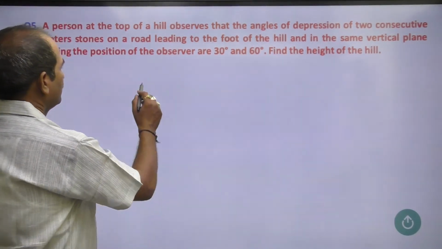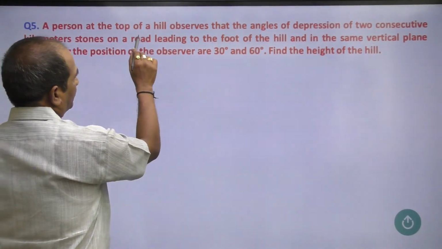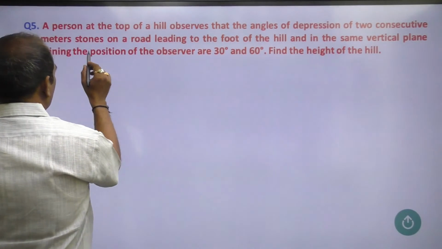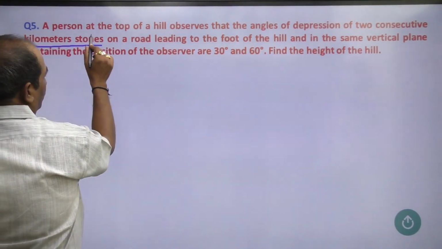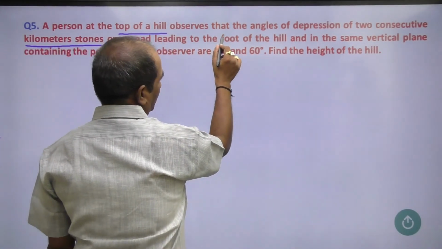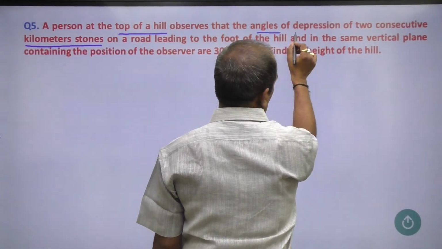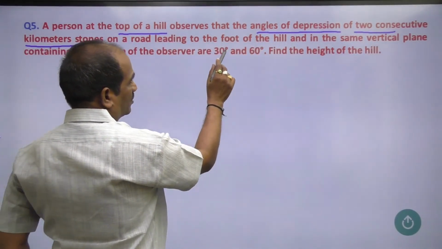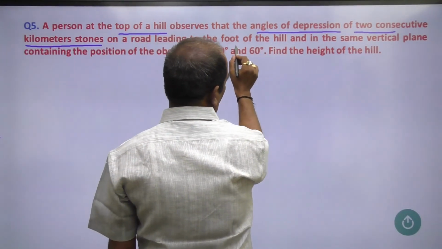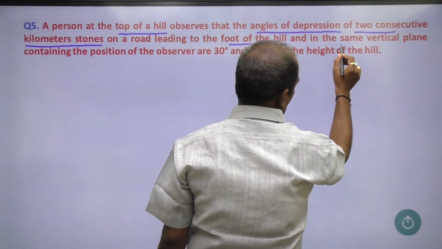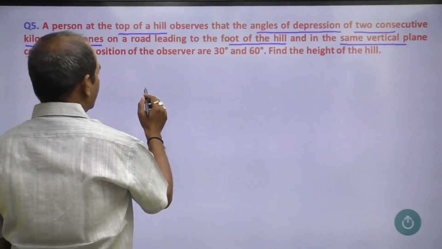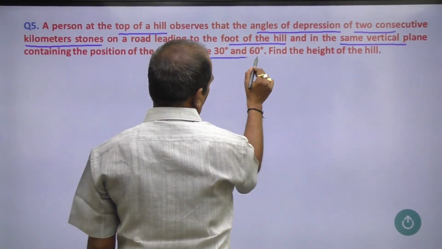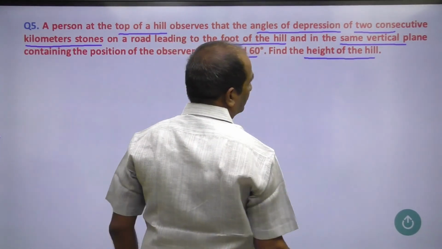A person at the top of a hill observes that the angles of depression of two consecutive kilometer stones, on a road leading to the foot of the hill and in the same vertical plane containing the position of the observer, are 30 and 60 degrees. Find the height of the hill.